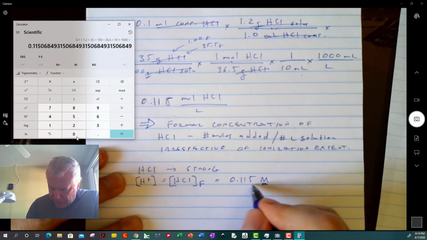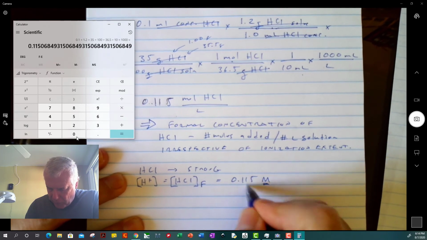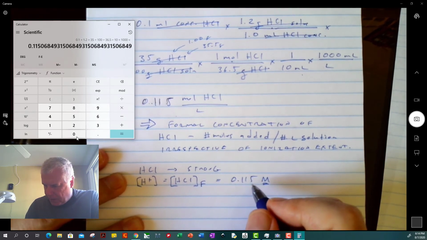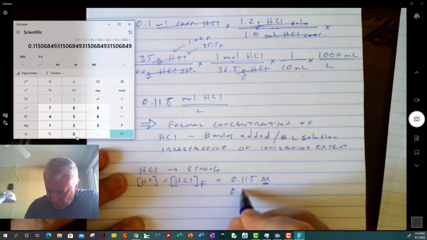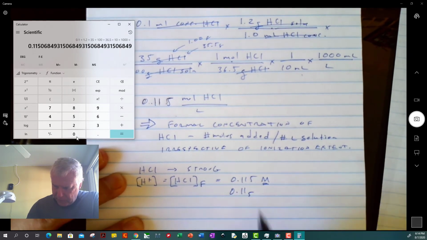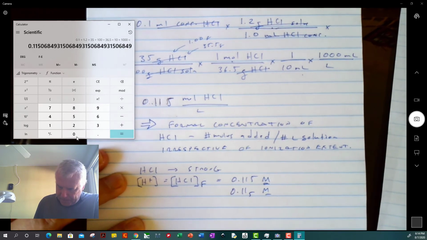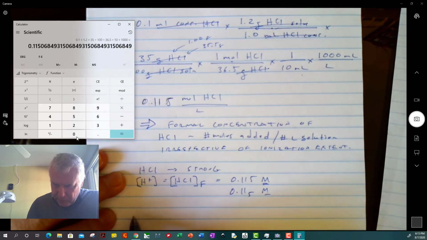And probably we should subscript the 5 here since we don't know it for sure. We're operating at basically 2 sig figs, so we could say 0.115 molar. Now, lastly but not leastly, we can calculate the pH here.